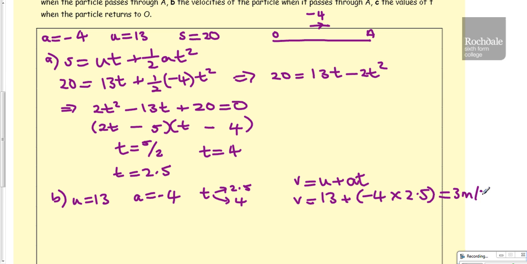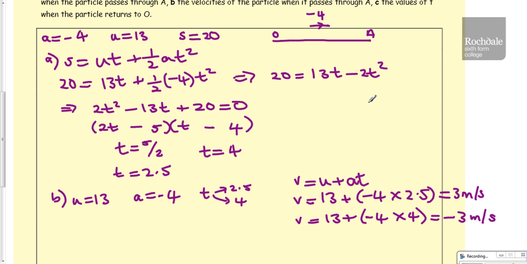So when it's going through A for the first time, it's going through with a speed of 3 meters per second. If we use the same equation, but this time with 4 seconds, because that's the second time it goes through, we get an answer of -3.